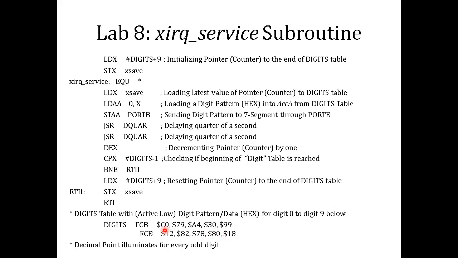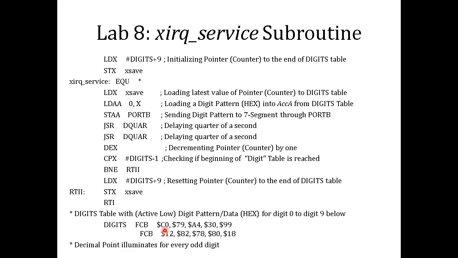For example, C0 is the information for the digit 0. How is it the information for digit 0?